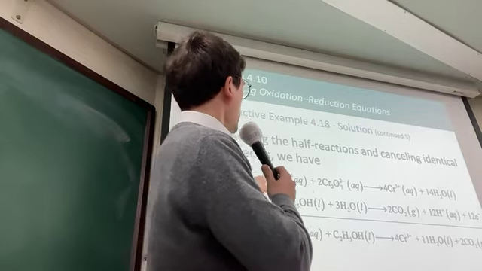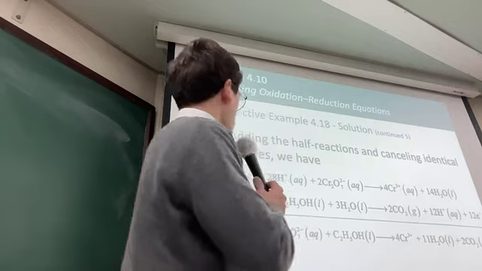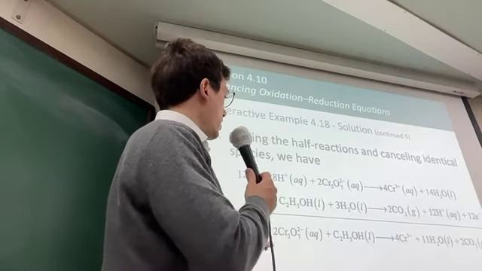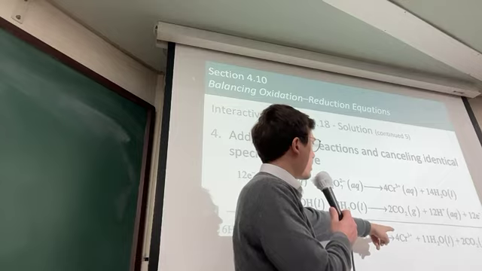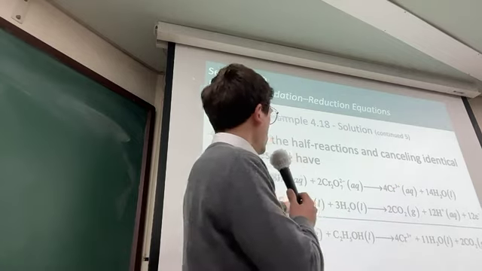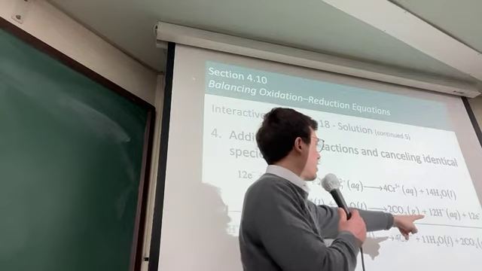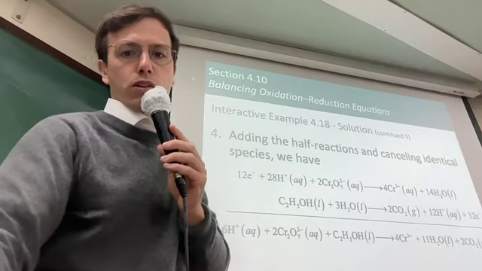Why 16? We have 28 minus 12 is 16. So 16 are left here. And then on the other side, we have 4 of these chromium cations, 11 water, 14 minus 3 is 11, and then 2 CO2. Okay, so you just add up these 2 equations together.